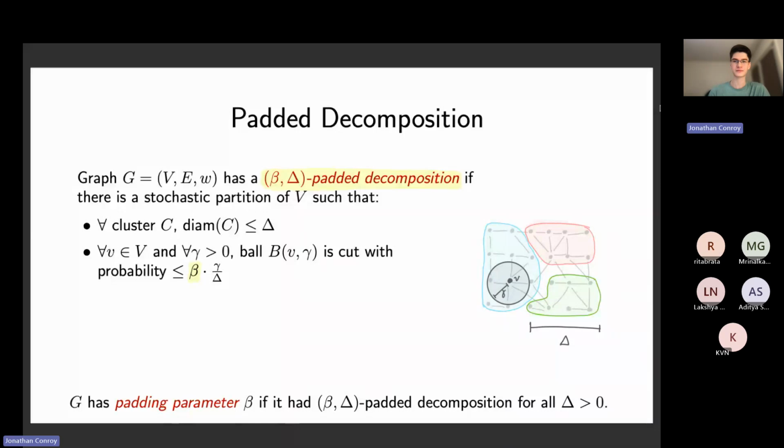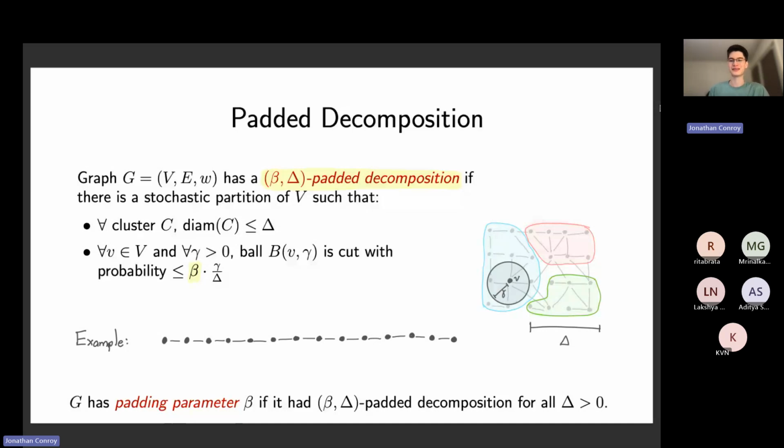Good. Okay, so just to explain where this gamma divided by delta term is coming from, I want to give this example of the path graph, which will appear throughout this talk. So if you have the graph that is just the path, a very long path, there's not much you can do.